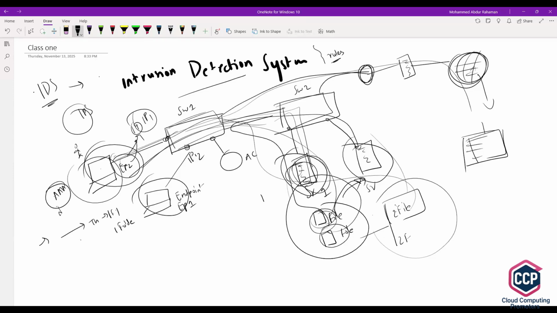Got it? The threshold value will be set for those files and those IPs only. It is basically a behavior-based thing done in an organization from switch to switch.